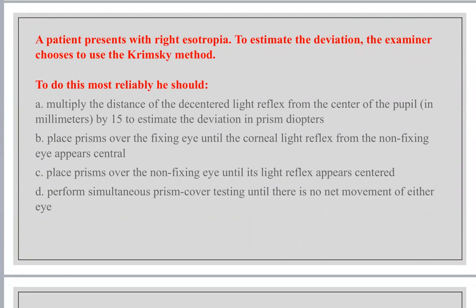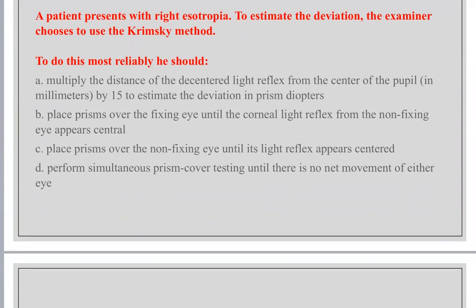No. Maybe this is expressing the Hirschberg test. Placing the prism over the fixing eye until the corneal light reflex from the non-fixing eye appears central. Yes, this is the most reliable one, and this is called the modified Krimsky test, not Krimsky.